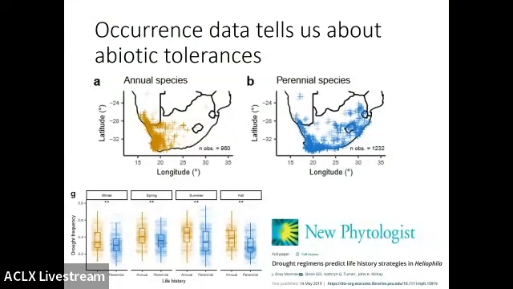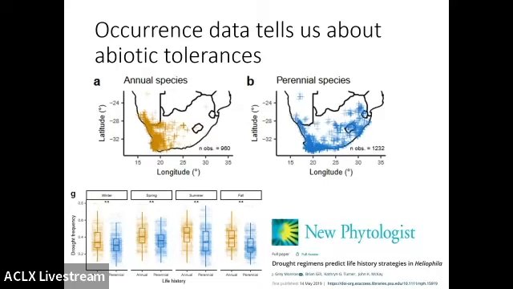For example, using occurrence data taken from herbarium specimen labels and combining that with environmental data taken from satellite images, my collaborators and I were able to look at where species in a particular genus occurred on the landscape and associate that with drought frequencies in those locations.